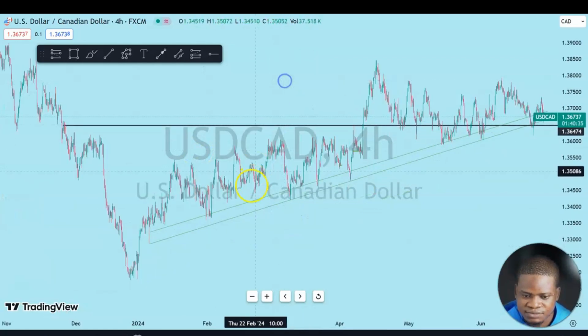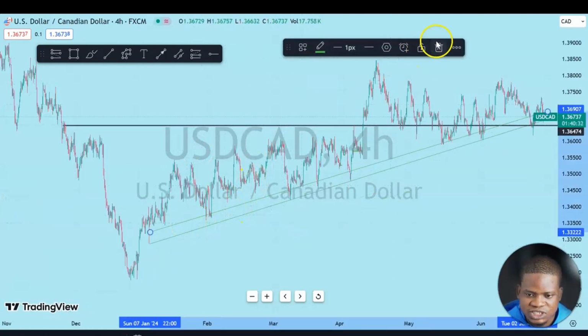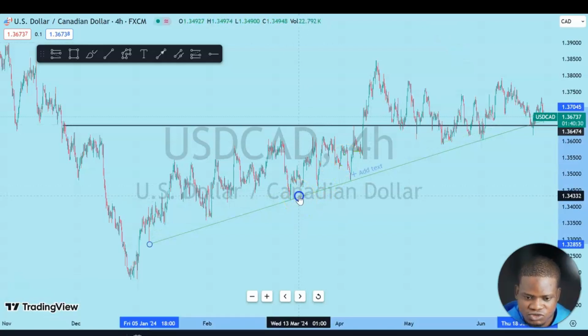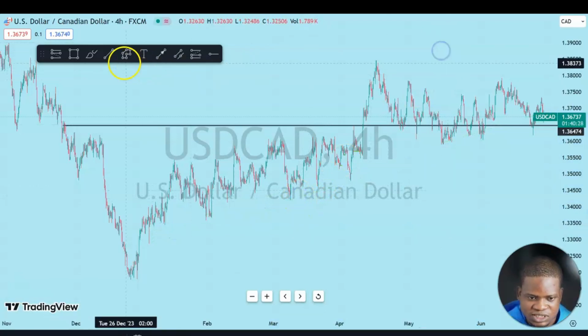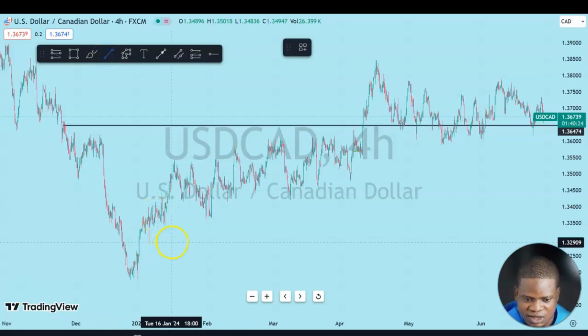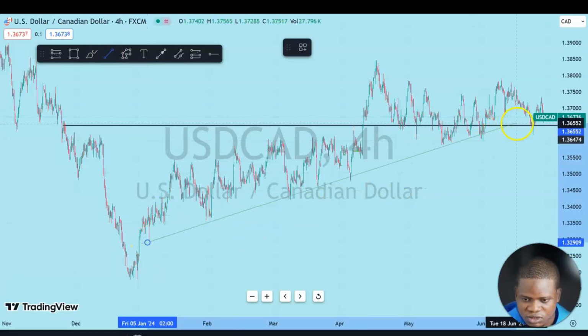Whenever you're drawing a trend line, you need the trend line tool to draw a perfect trend line. So this is the trend line tool on your TradingView. You click on it and you move it from down to up.